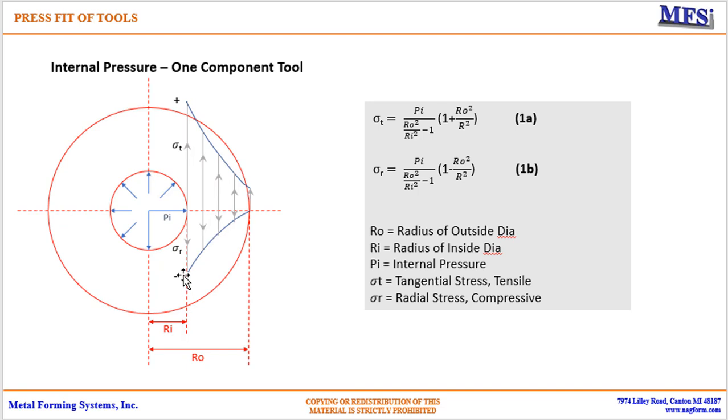But in a two-piece assembly, it is possible to put an external pressure from the interference fit that can reduce the tangential stress, because the external pressure would put compressive tangential stress that would reduce the stresses on the inside.